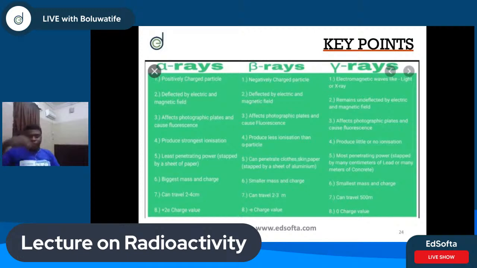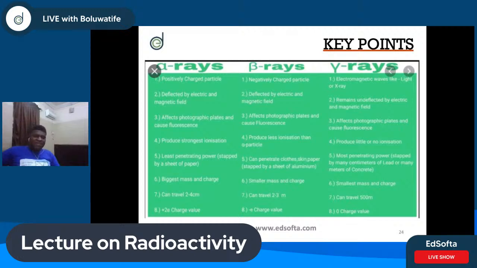So aluminium stops beta rays. But for gamma rays, you need a lead block, lots and lots of lead. It shows gamma ray is very, very powerful, and it can travel long distances.